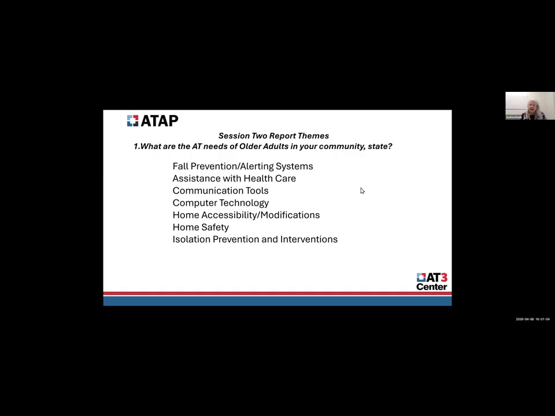And I added alerting systems, because that showed up in a lot of your responses: things like motion activated lighting, LED lights on the floor, and personal emergency response systems were important AT needs for older people in your area.